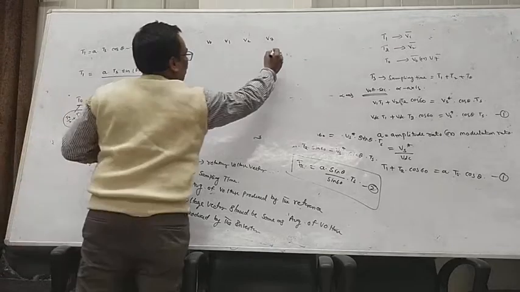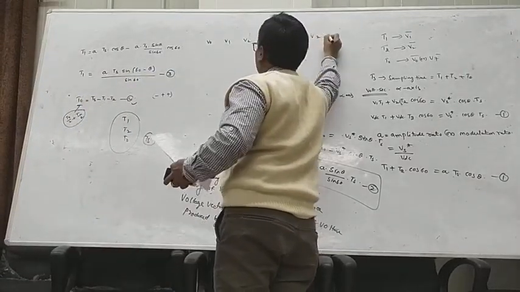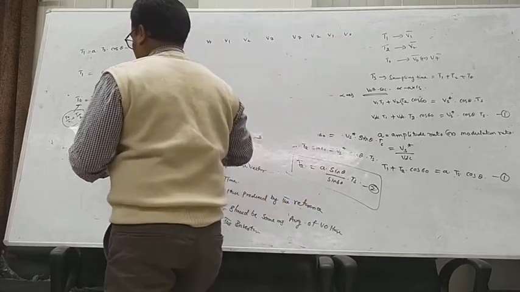Now the next combination is V7, V2, V1 and V0.